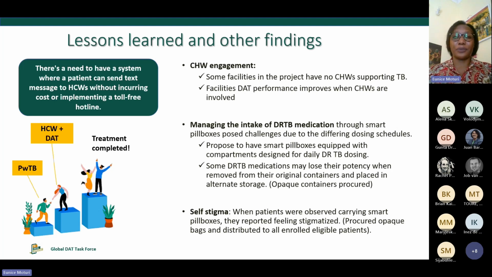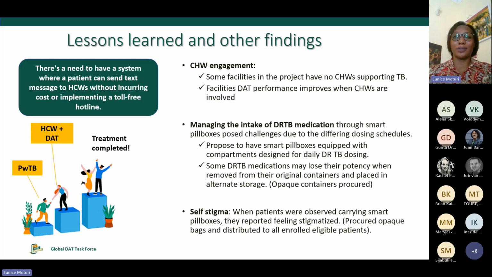But as we continued implementing, we realized that the facilities which had the CHWs were implementing better. There were more patients on the platform, and more feedback from the CHWs on the design and on the differentiated care.